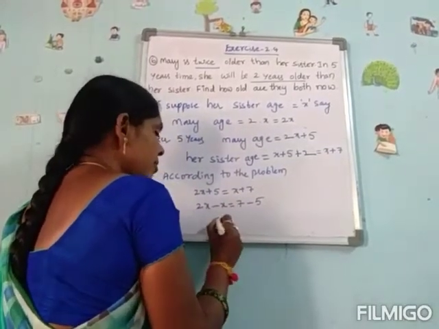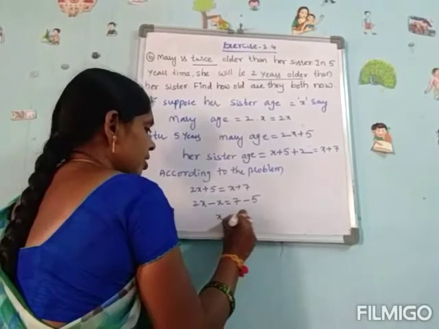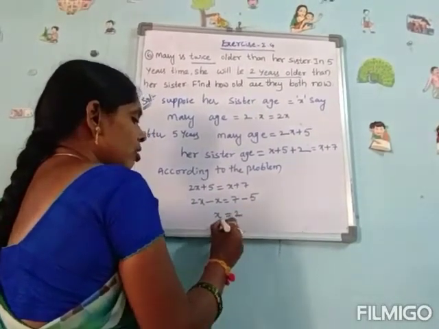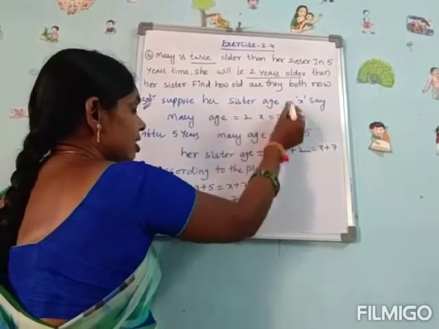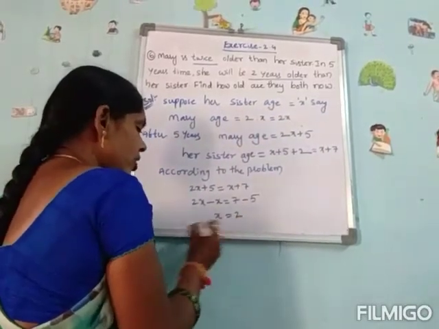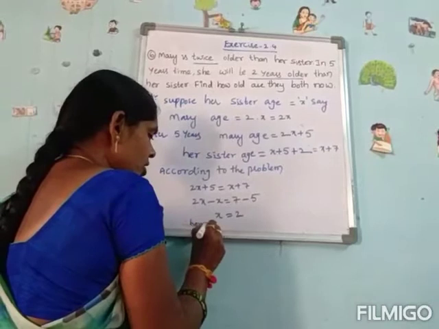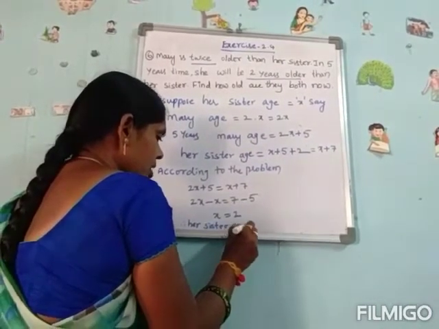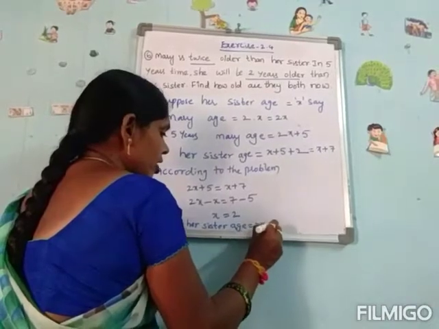Then 2x minus x equals x. That is 7 minus 5 is 2. So x equals 2 is her sister's age. So at last we got her sister's age: 2 years.